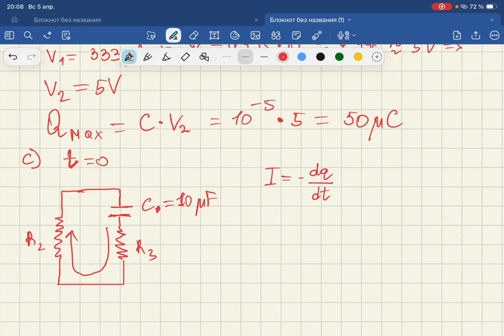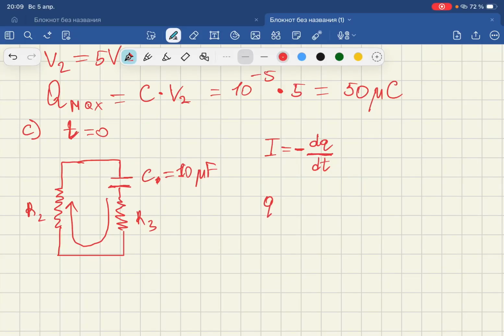Because our resistor is decreasing the flow of current. Due to that, we have to take it with a minus value. Minus dQ/dt. So after that, we just write an equation with that.